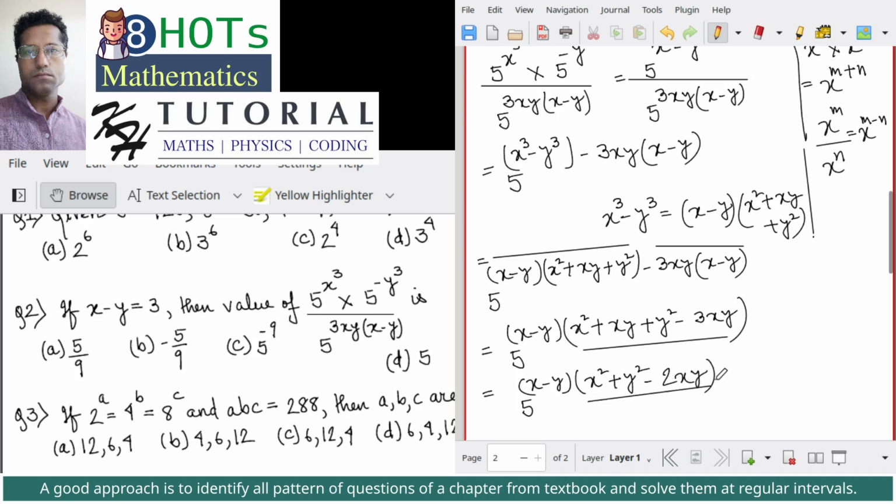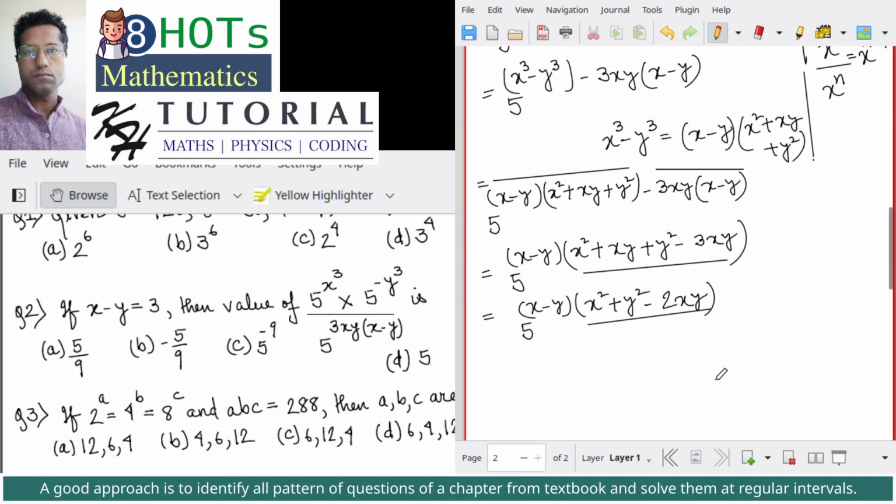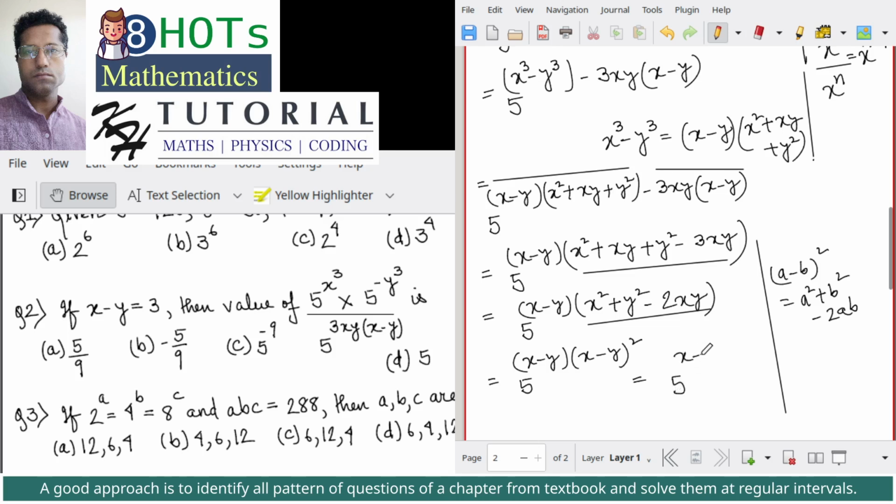Now this part is the formula of a minus b whole square, because we know that a minus b whole square is equal to a square plus b square minus 2ab. This is also an algebraic identity. So this becomes 5 to the power x minus y multiplied by x minus y whole square. This again is equal to 5 raised to the power x minus y whole cube.